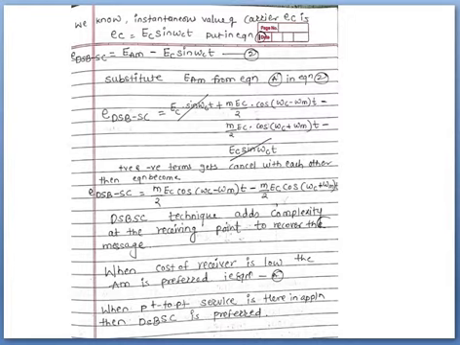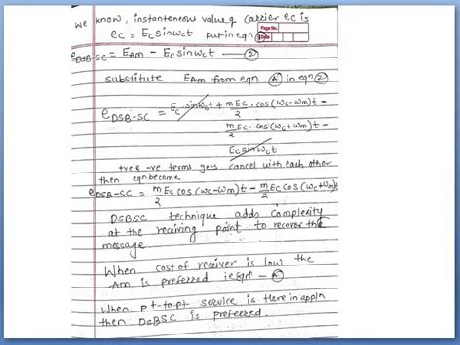E of DSB SC gives EC sin omega t plus m EC divided by 2 into cos of omega c minus omega m t, minus m by 2 EC into cos of omega c plus omega m t, minus EC sin omega t.